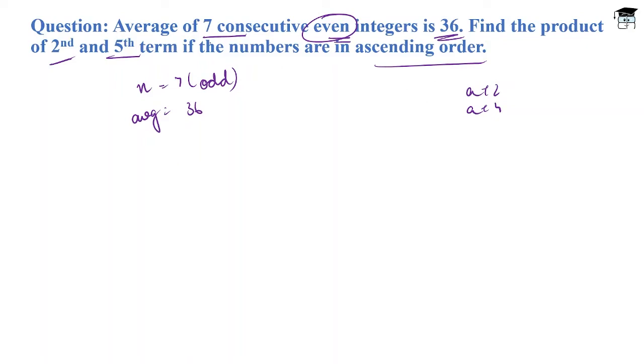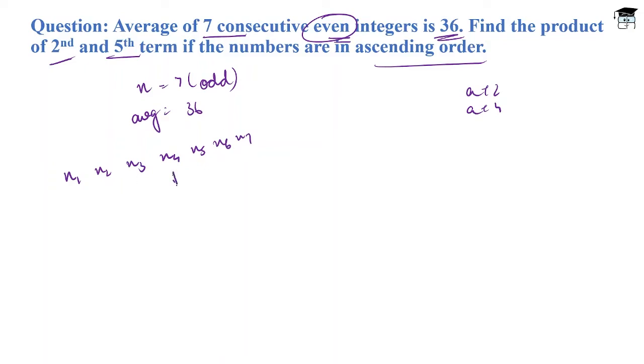Now we know 7, right? N1, N2, N3, N4, N5, N6, N7. Alright. Now we know that n is odd. So 36 would be the middle term.